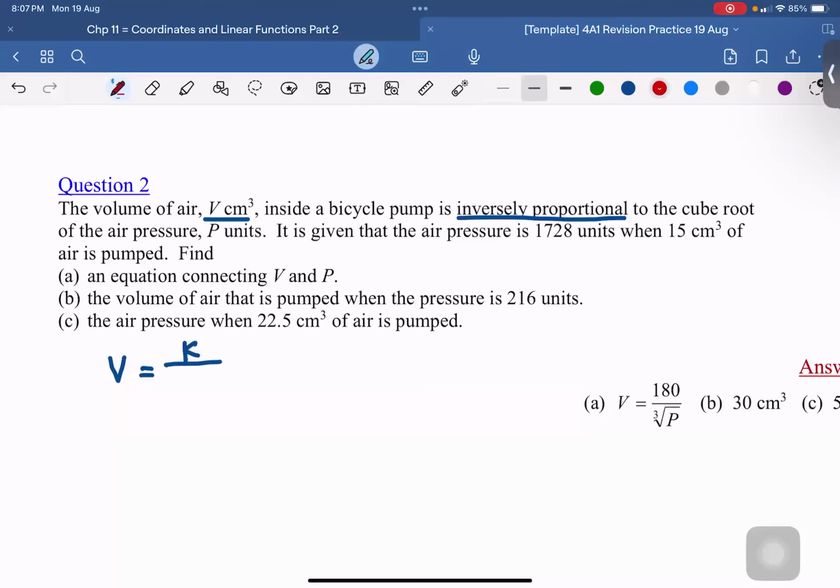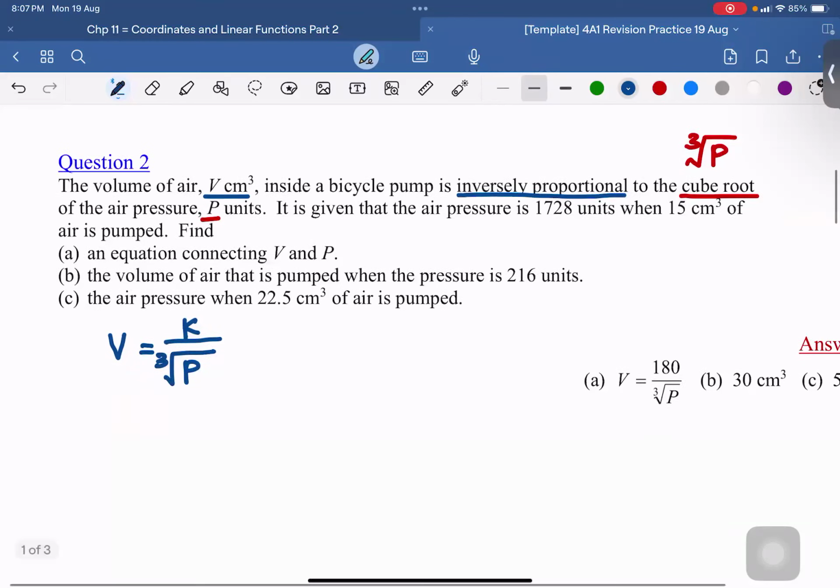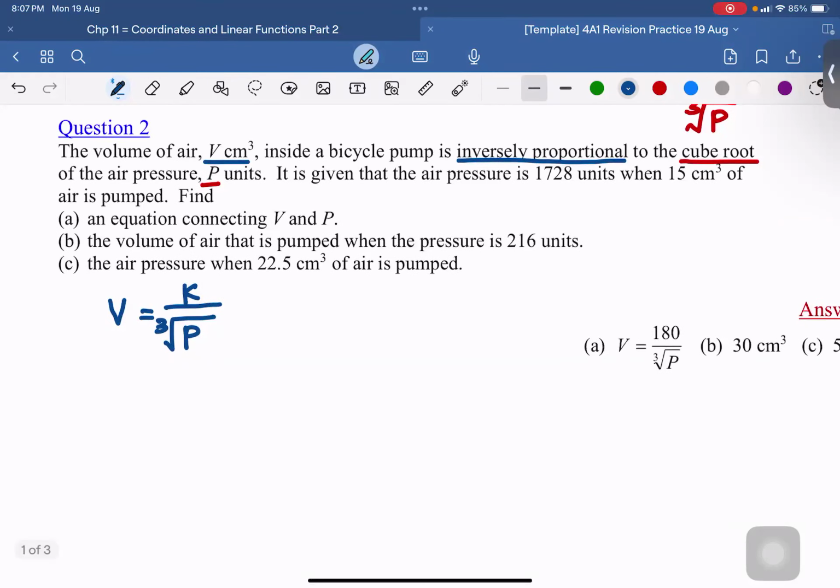The question here says cube root. Cube root means the root with the power 3 of the air pressure. So cube root of the letter P. It's given that the air pressure is 1728, so P equals 1728.